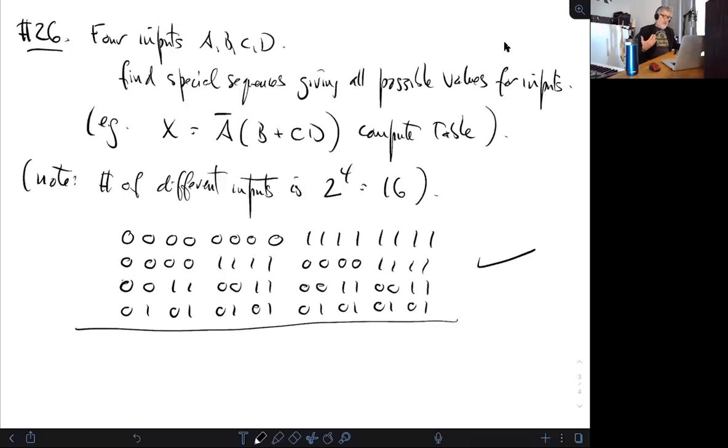Another way is to count in binary. So look at the left-hand column, it's 0 in binary. An alternative is to count 0 to 15 in binary. That's the same thing.